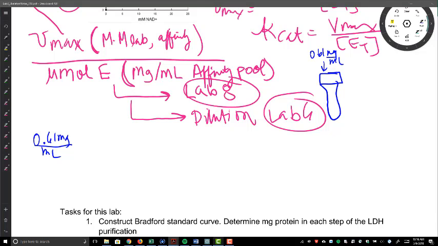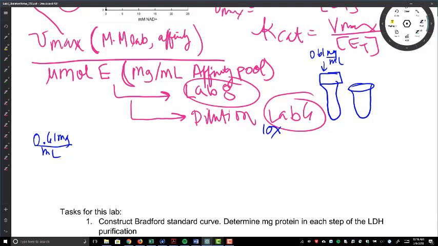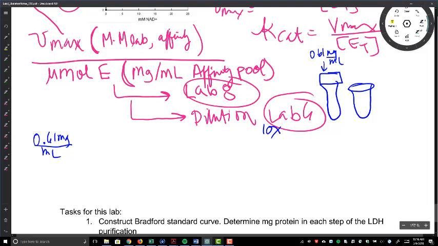But we didn't stop there, because if you were to add this enzyme straight into the cuvette, it would max out in a minute. So you went ahead and did a 10-fold dilution.